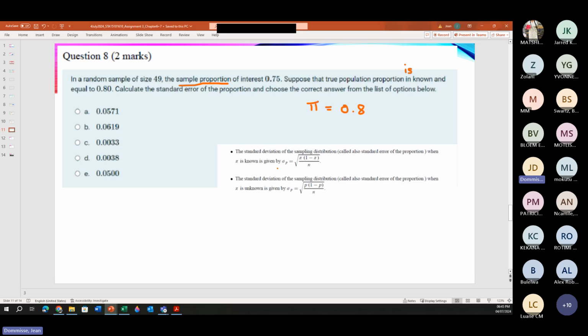So where it is known, we use this formula. If it was unknown, we would use this other formula.